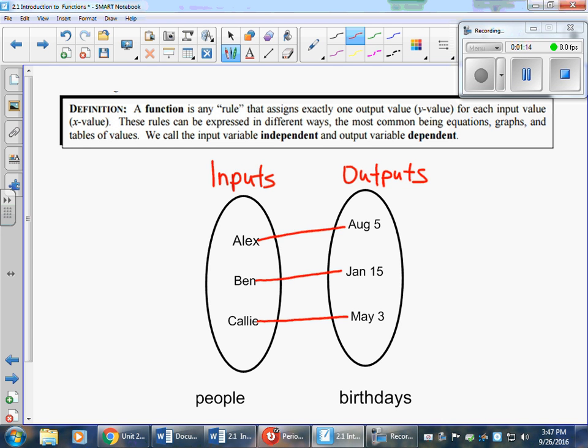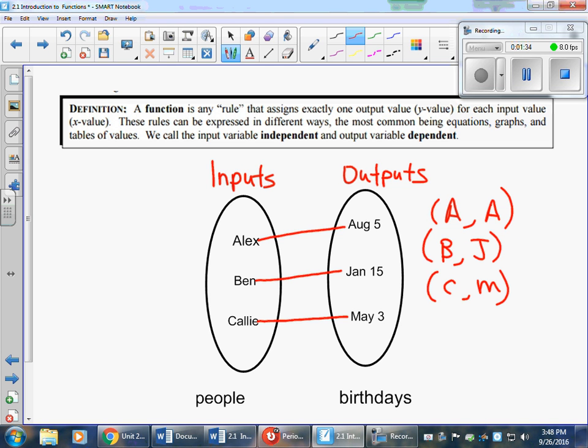As you can see, this is a function because Alex is in August, Ben is in January, and Callie is in May.